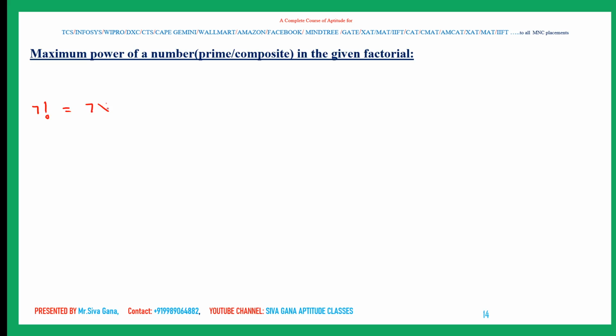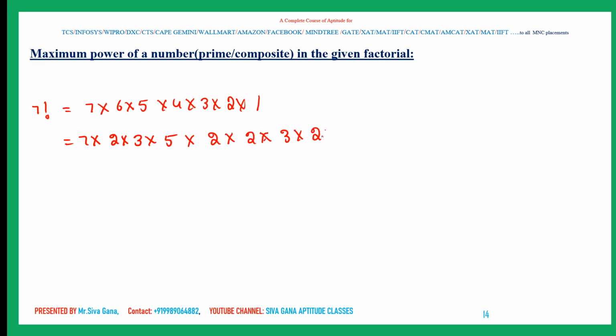I am writing, we know 7 factorial is 7 into 6 into 5 into 4 into 3 into 2 into 1. Listen very seriously. 7 into 6 can be written as 7 into 2 into 3. 5 is a prime number, we cannot decompose. 4 can be written as 2 into 2. 3 is a prime number, we cannot decompose.